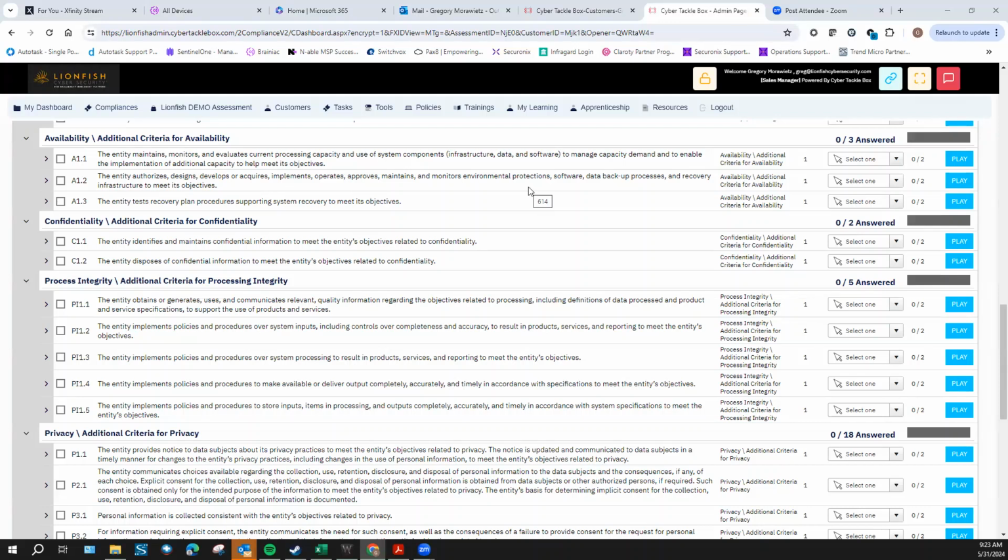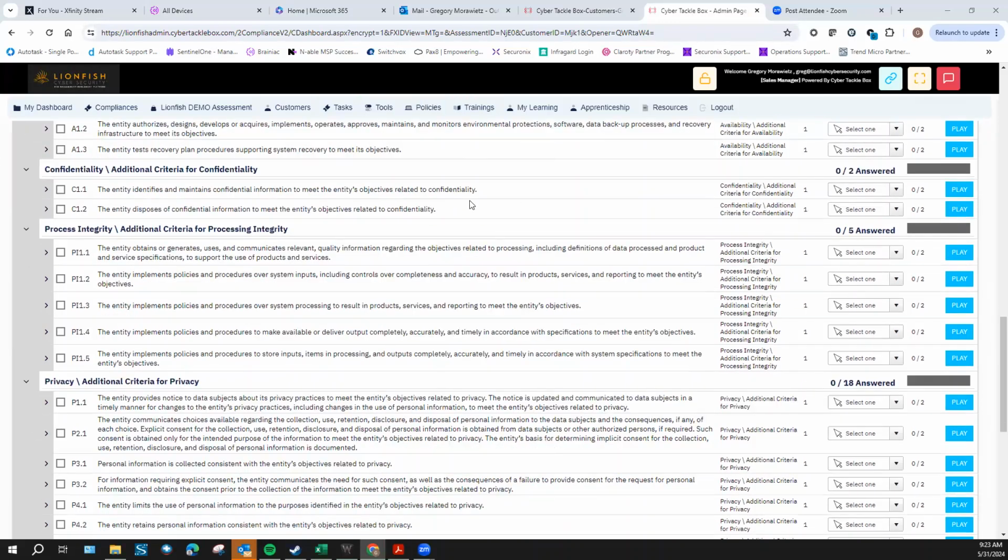So you can have a confidential data policy, and it'll include how to create it, how to handle it, where to store it, and then ultimately how to get rid of it and destroy it.